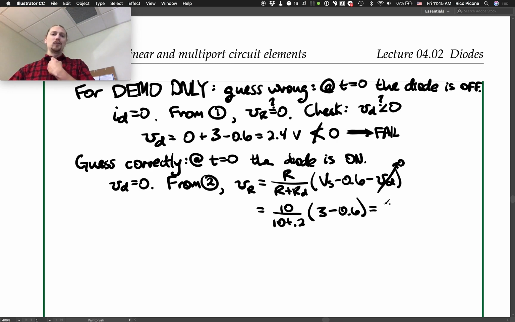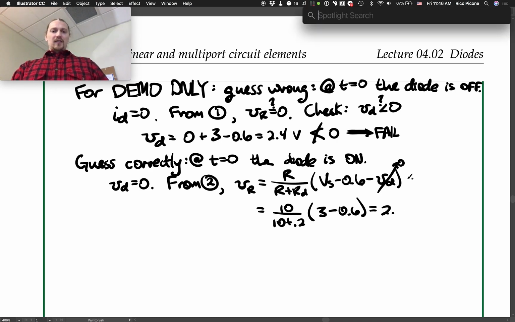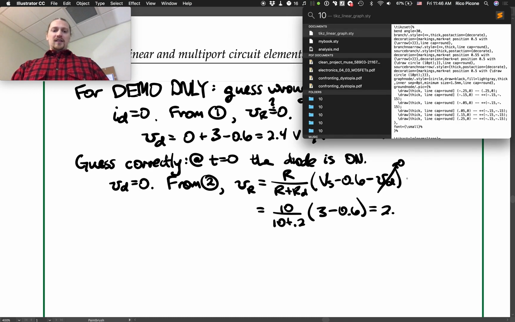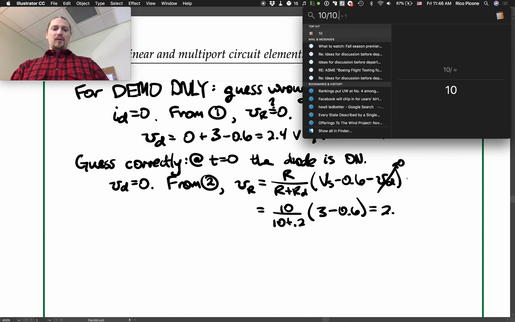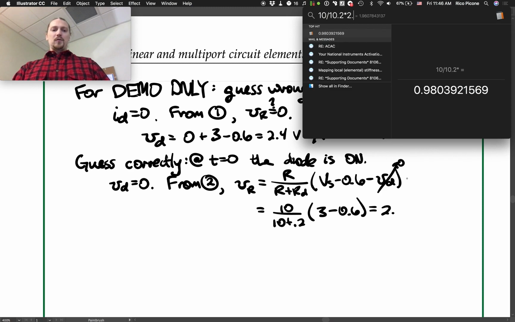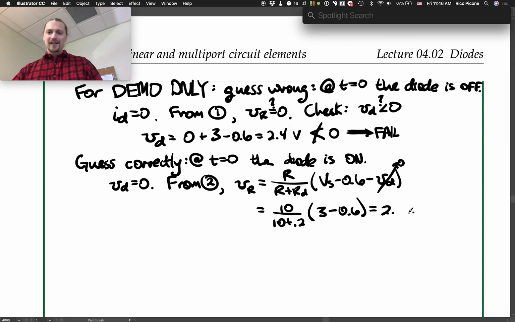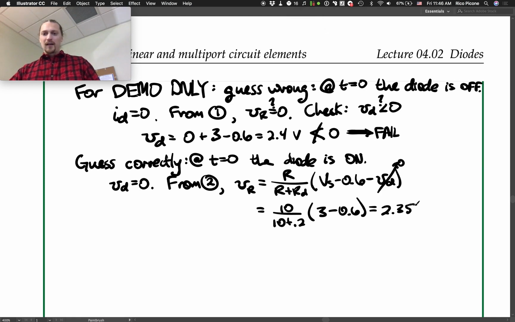It's like 2.4, 2.3 something. 10 divided by 10.2 times 2.4 is 2.353 volts. But it's with a question mark, right? Because we have to check.